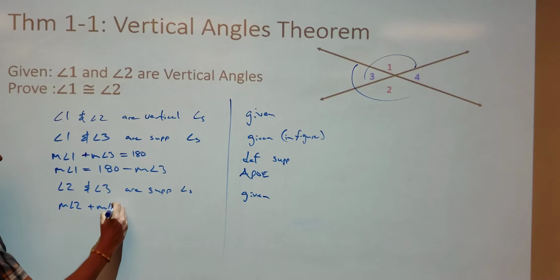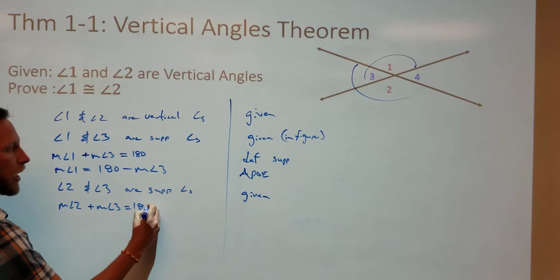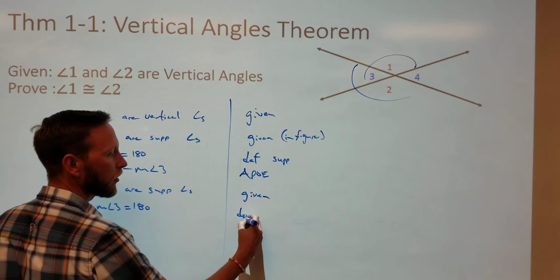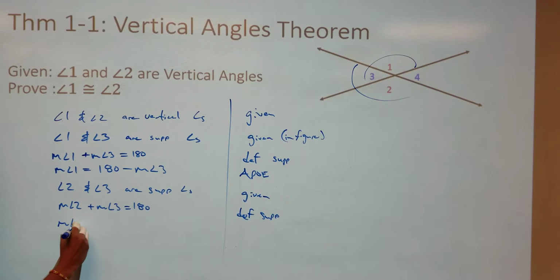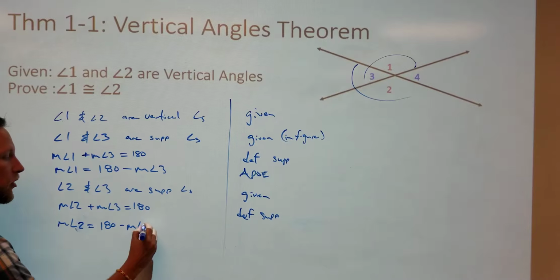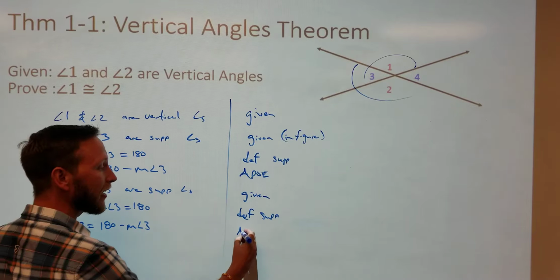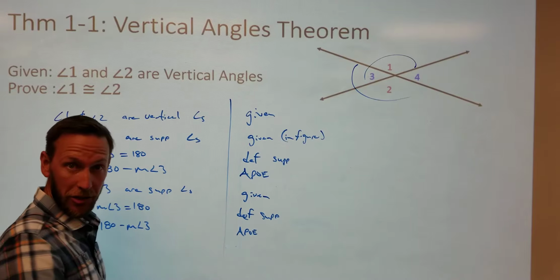The measures of these angles sum to 180 by the definition of supplementary, which means that if I subtract the measure of angle 3 from both sides of this equation, I find that the measure of angle 2 is equal to the same thing that the measure of angle 1 is equal to.